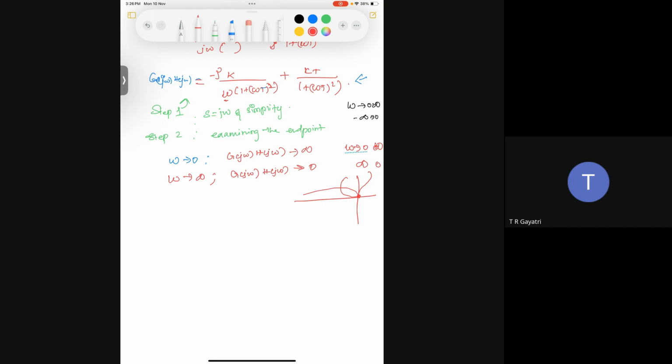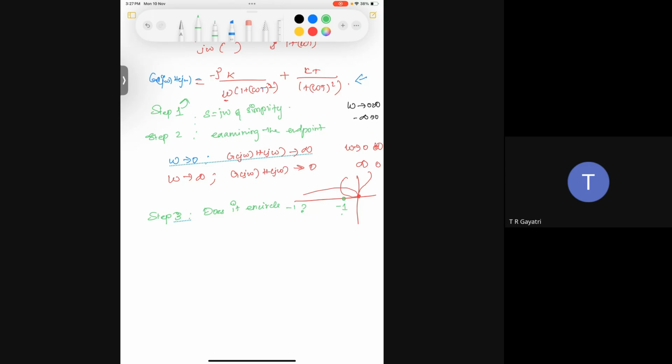Right, that we understood. The next step is to analyze whether it encircles minus 1, because we are interested in stability, right? So we are going to see whether it encircles minus 1 or not. Once we found at what omega value how the transfer function will look like, from that you would be able to examine the encirclement.